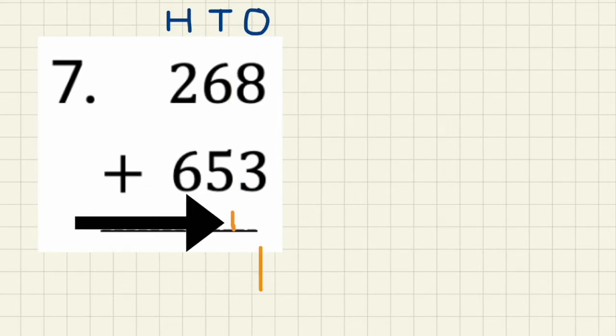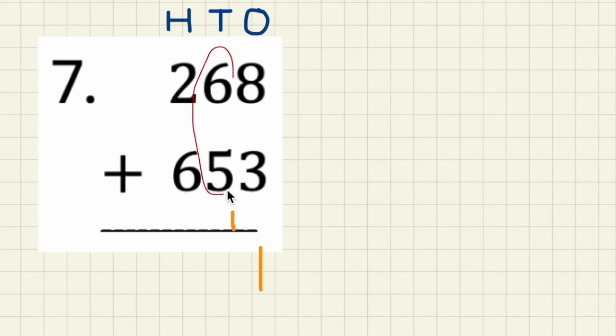And we can write a small 1 at the bottom in between the tens and ones column to remind us that we have to add the 1 in the end for the tens place. For the tens place, it would be 6 plus 5 and then plus 1. 6 plus 5 plus 1 is 12. And let's write 2 at the bottom of the ones column.